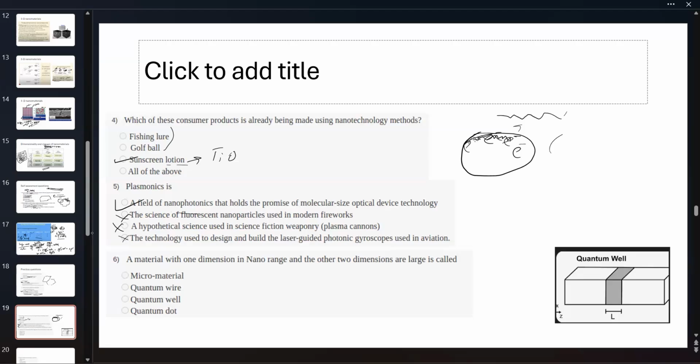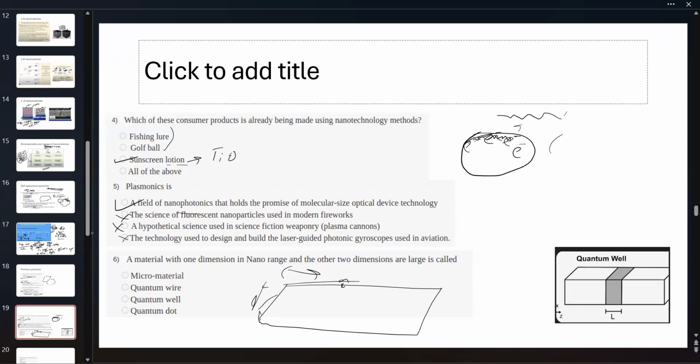A material with one dimension in nanometer and the other two dimensions large. For example, a sheet, right? The thickness is in nanometer and the length and breadth are bigger than 100 nanometer.